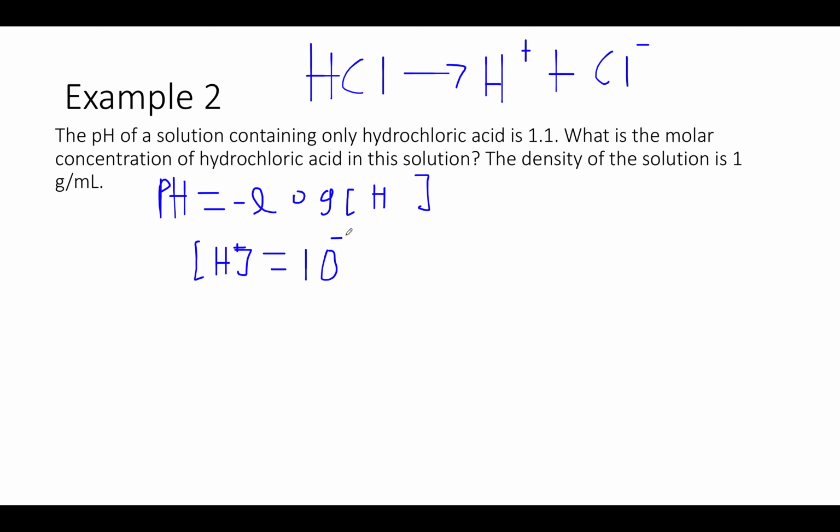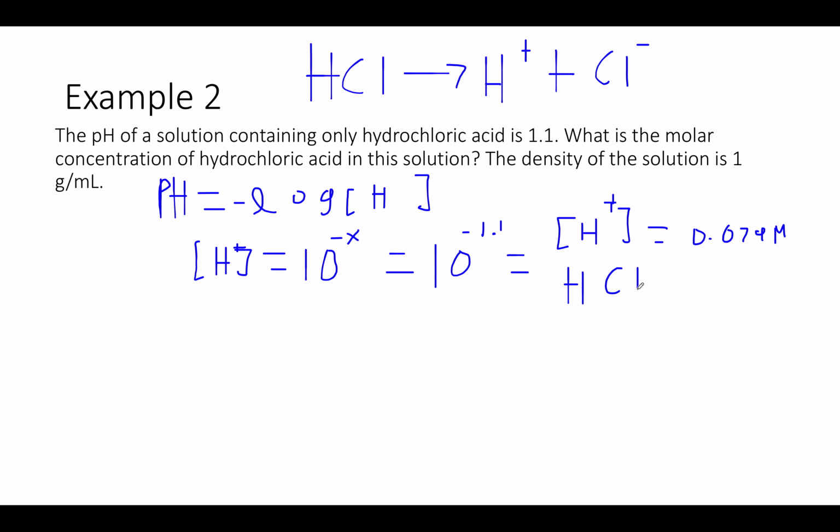So that equals 10 to the negative pH, and the pH is 1.1. So you get your hydrogen ion concentration to be 0.079 molar. Since it's a 1-to-1 ratio, we can say that the HCl has a molar concentration of 0.079 molar.